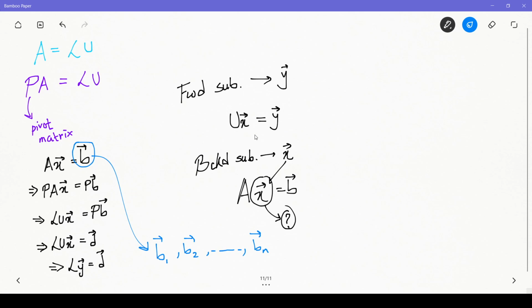You can just apply forward substitution and backward substitution, and you end up with your unknown column vectors y and x respectively, right? That's the computational upper hand that you get from resorting to LU decomposition instead of naive Gaussian elimination.